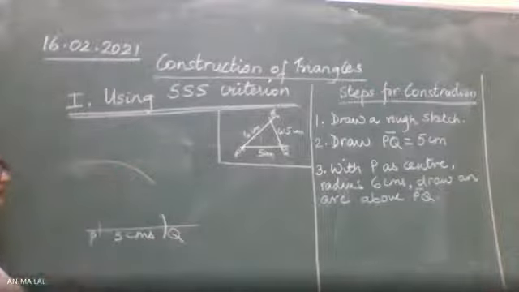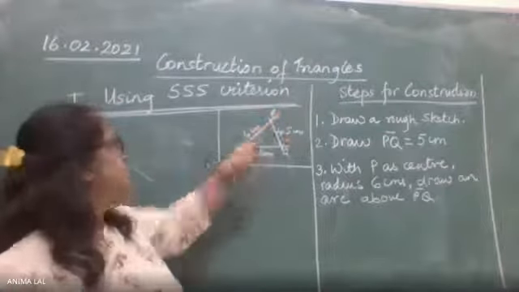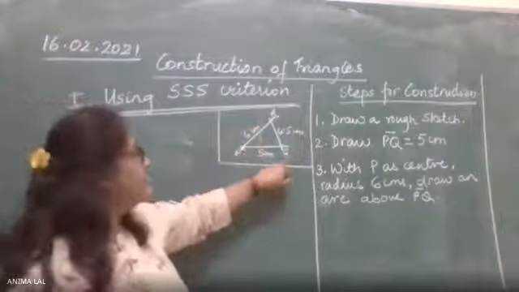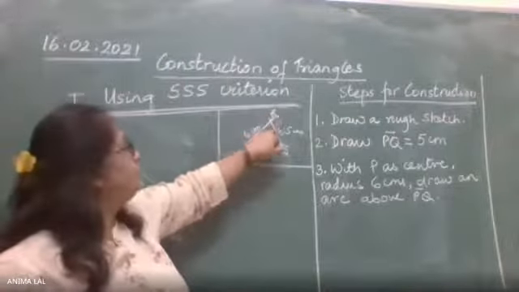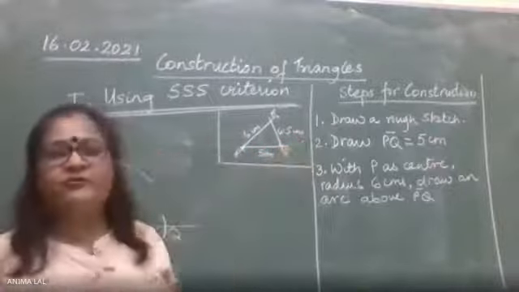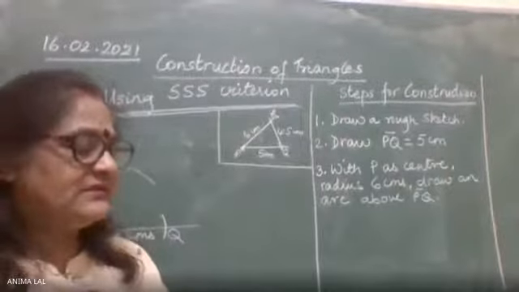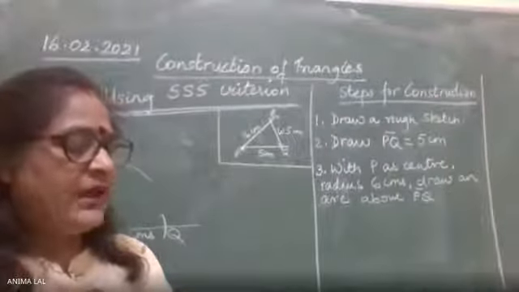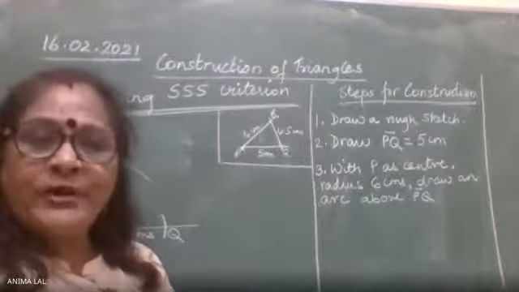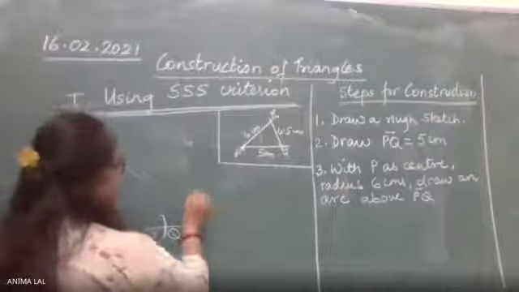Now to get R, point R is an intersection of PR and QR. Now, R is also 4.5 centimeters away from Q. If it is 4.5 centimeters away from Q, measure 4.5 on your scale.